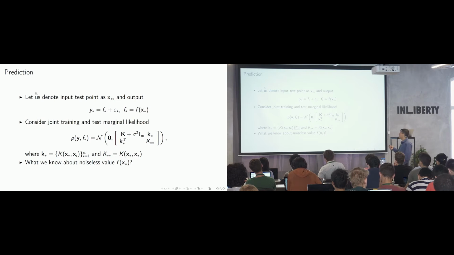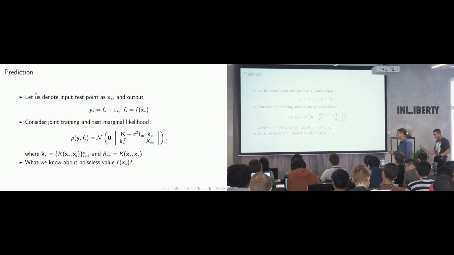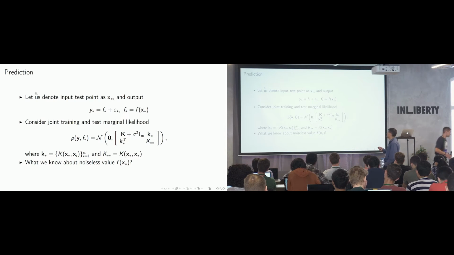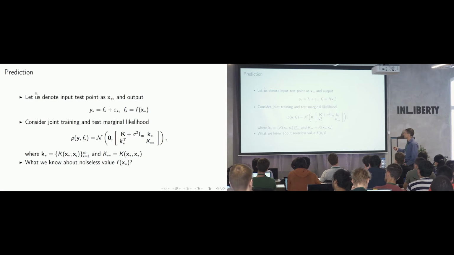So x star is a new input point, and f star is the value of f at x star. And y star is an unknown output value, equal to f star plus a noise value.